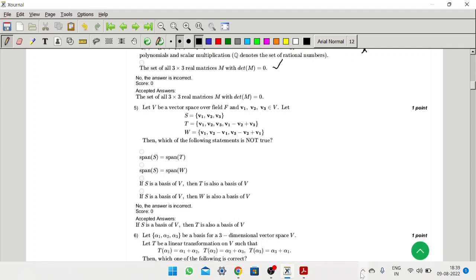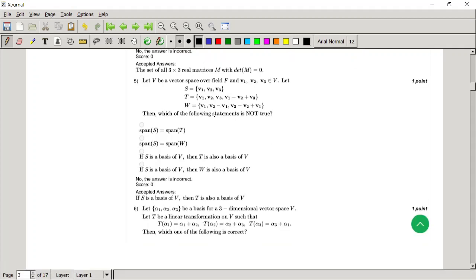So the fifth problem here is: given a vector space V over a field F and three vectors v1, v2, v3 belonging to V, and given three subsets S, T and W of V, as S equal to {v1, v2, v3}, T equal to {v1 plus v2, v1, v2, v3, and v1 minus v2 plus v3}.